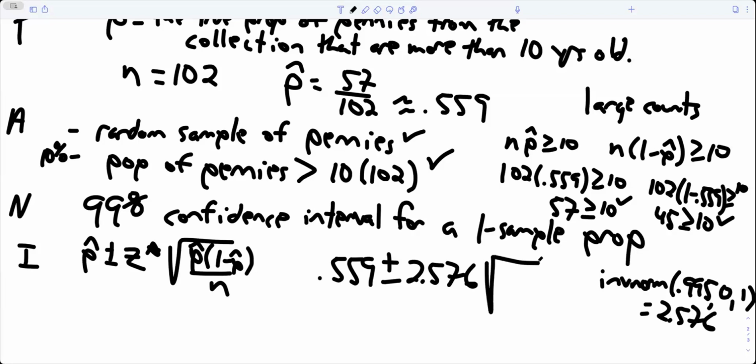Then I've got the square root of 0.559 times 1 minus 0.559 divided by 102. So take your calculator and calculate the confidence interval there.